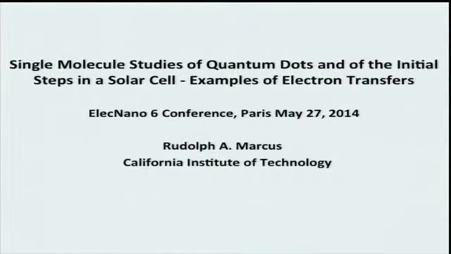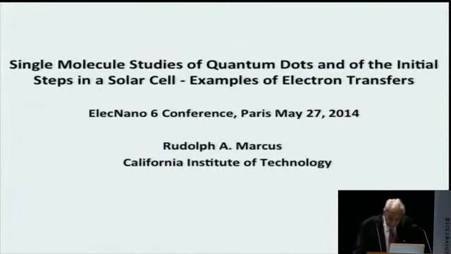Engineering too, I guess. All right, well, today I'd like to talk about several topics involving semiconductors. One of them is the field of quantum dots, and the other is one of the elementary steps that's used in some solar cells, the initial steps.